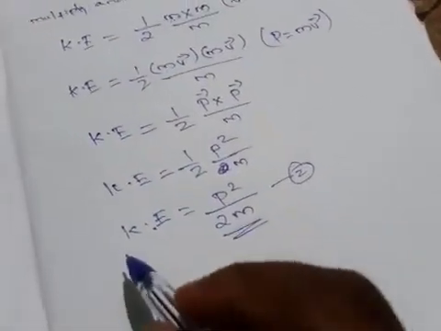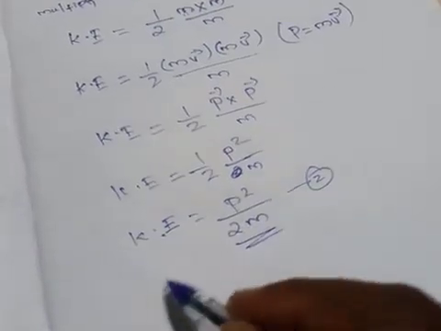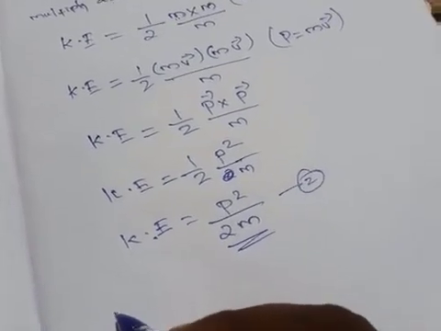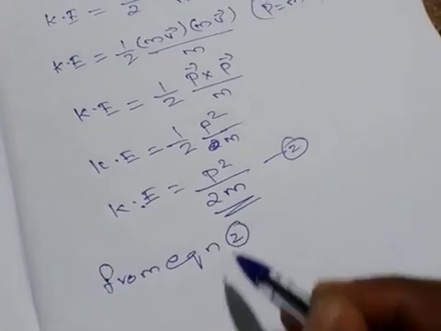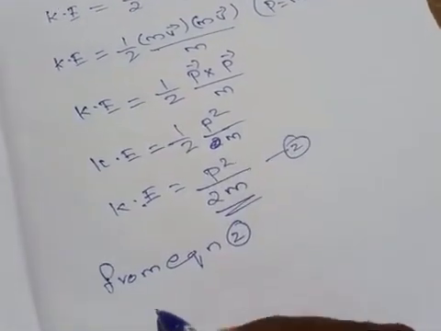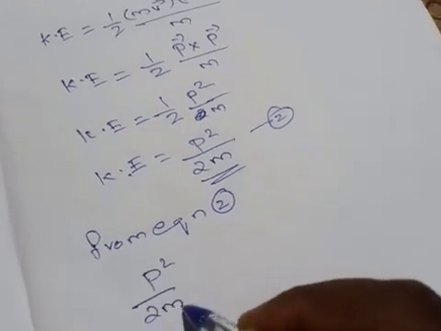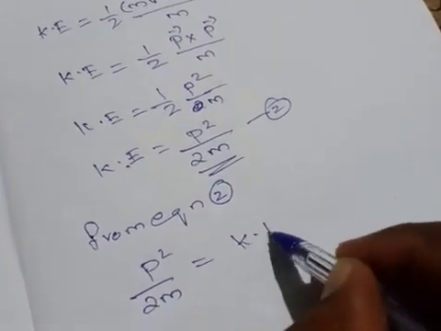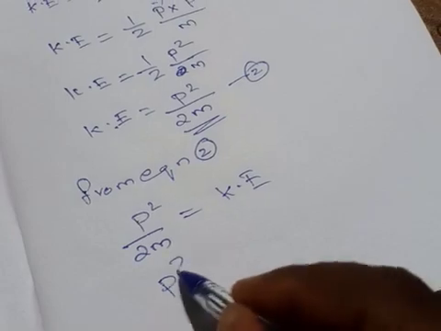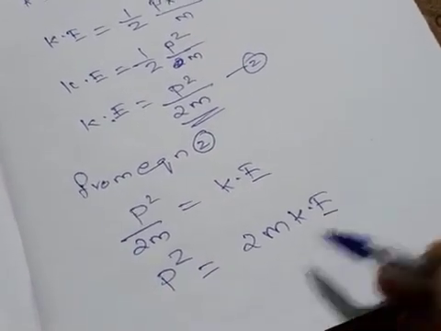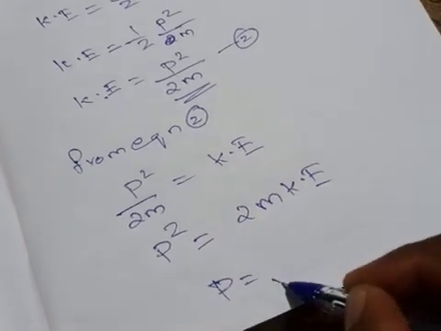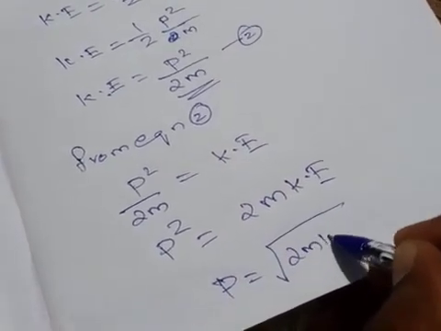Also, from equation 2 I can write in terms of p: p square by 2m is equal to kinetic energy, p square is equal to 2m kinetic energy. So p is equal to root of 2m kinetic energy.